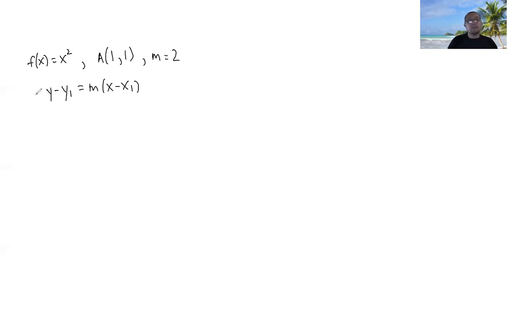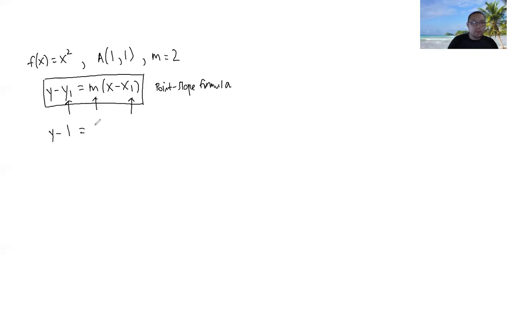And again, this is a major formula that you should know, because this is going to give you the equation of a line. So point slope formula. Okay? And so let's just start plugging our stuff in. So x1 is 1, y1 is 1, slope is 2. So y minus 1 is equal to 2 times x minus 1.